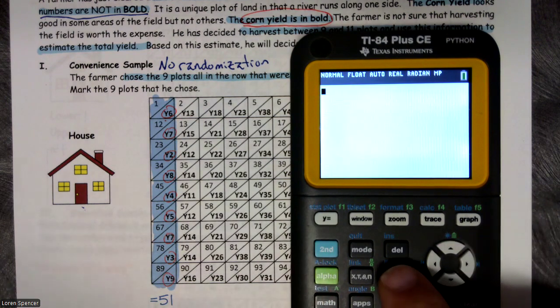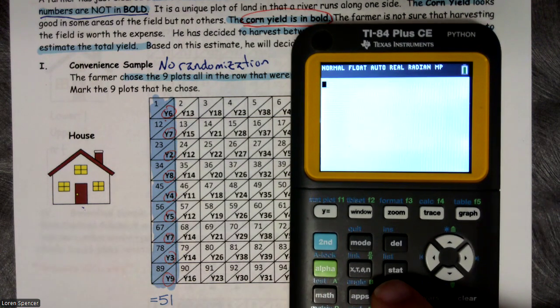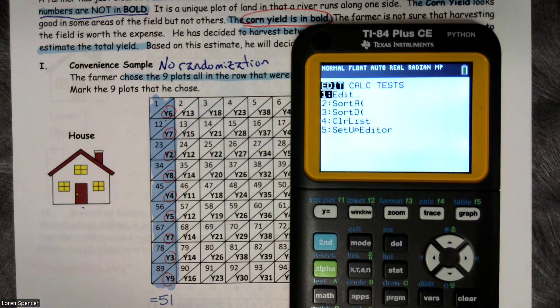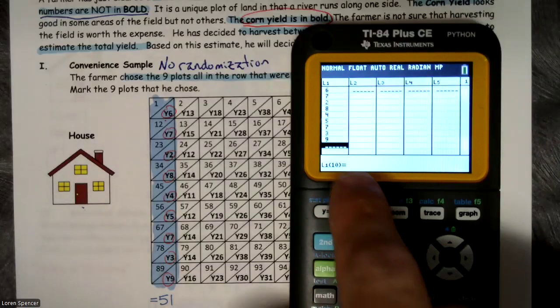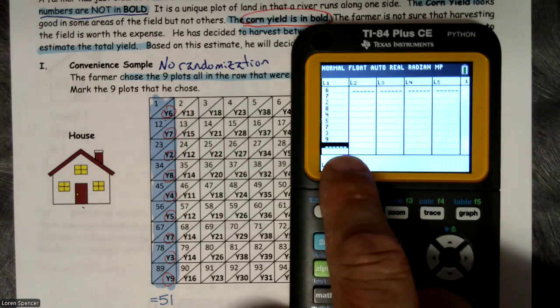We can press the stat button right here, edit, and the first number was a 6. The next number was a 7, a 2, an 8, a 4, a 5, a 7, a 3, a 9. And I should have 9 numbers in, and I do.